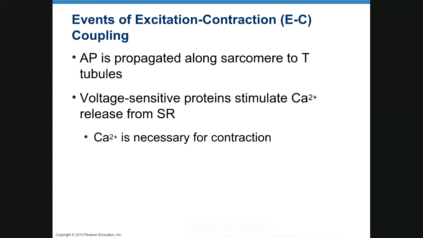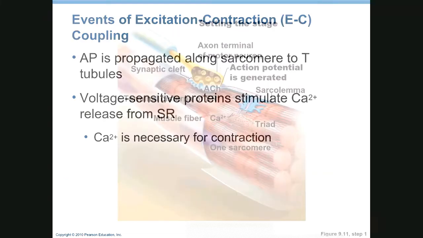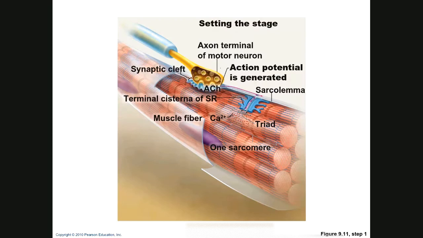Okay, now we've already gotten our action potential going down the line along our muscle, but we haven't gotten it hooked up to causing a contraction yet. So we've got to have our excitation-contraction coupling. The action potential is propagated along the sarcolemma to the T-tubules, and here are our T-tubules.